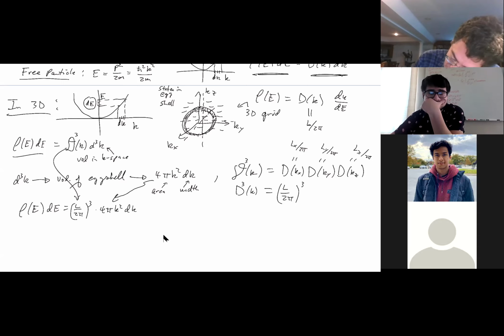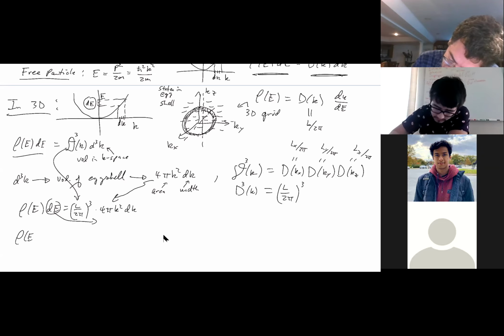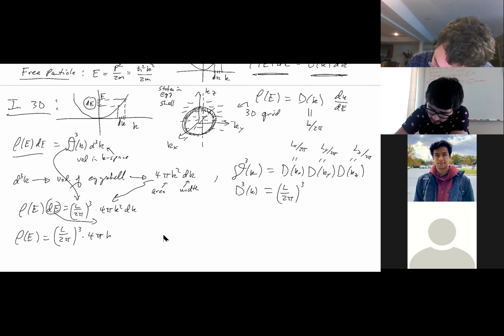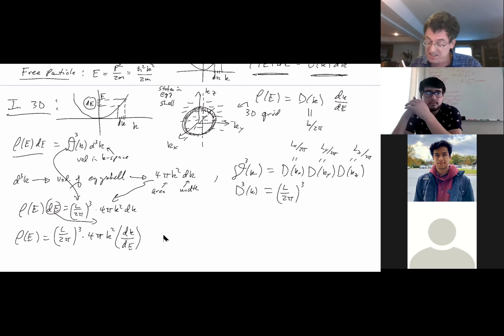And so then I'll bring this guy underneath, and I have that the density of states in three dimensions is equal to L over 2 pi cubed times 4 pi k squared dk dE. And that's the density of states in three dimensions. There it is. And we can take it a little bit further.